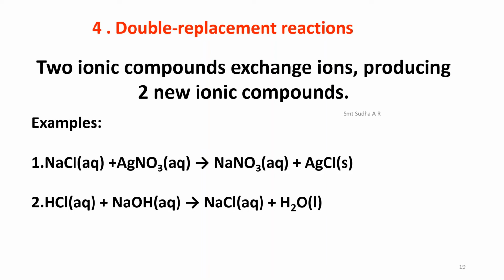See, when sodium chloride combines with silver nitrate, we get sodium nitrate plus silver chloride. There, two ionic compounds exchanged their places. This type of reaction is called a double replacement reaction.